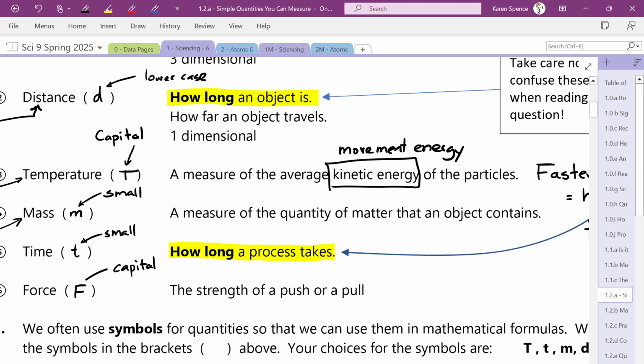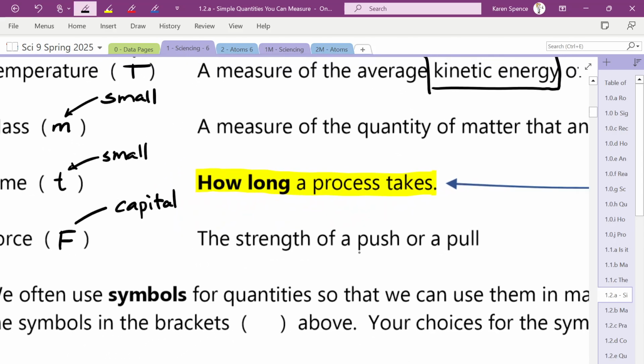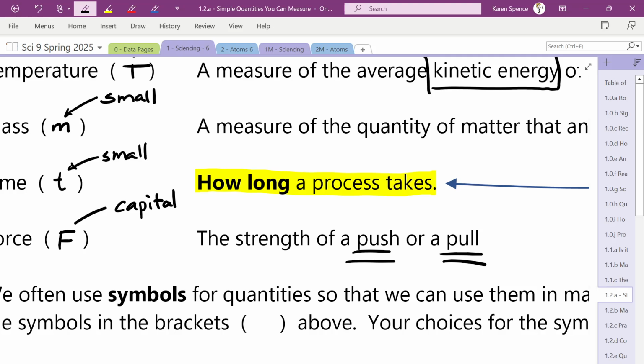Okay? So a force is a push or a pull, and gravity pulls us towards the ground. And if I wanted to, I could push this balance. There's a push, there's a force. Okay?